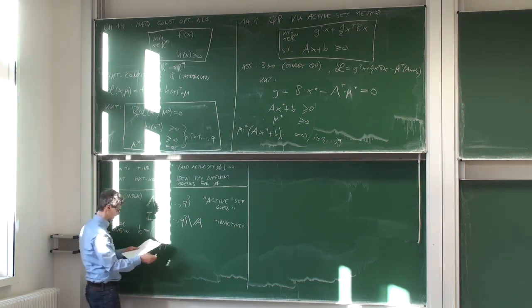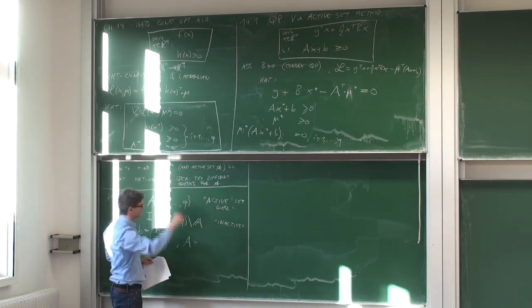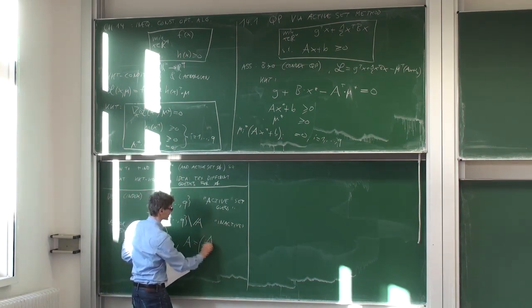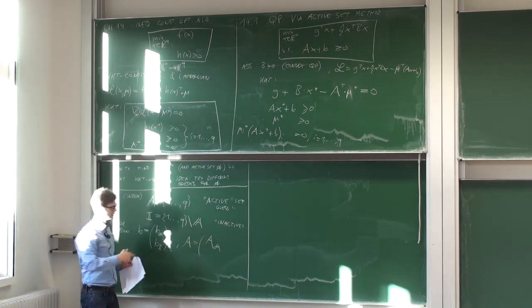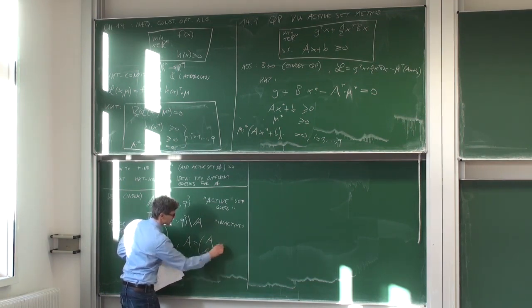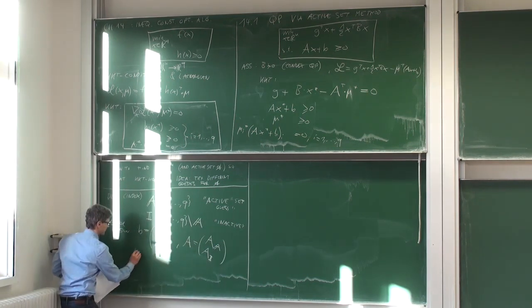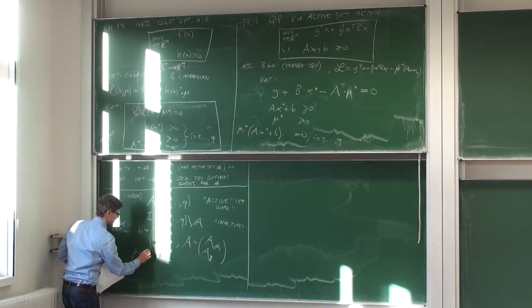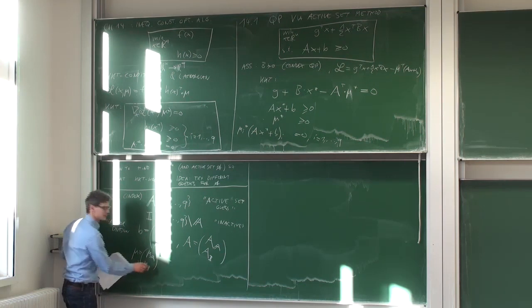And I will also do a matrix division. So I will also say the matrix A is given by some matrix A_A, which contains only those rows which correspond to the components in the set A, and then there are some other rows which are in the remaining set. And also for the mu, whenever I have a mu, I will divide it also into a mu that corresponds to the A and a mu that corresponds to the I components.